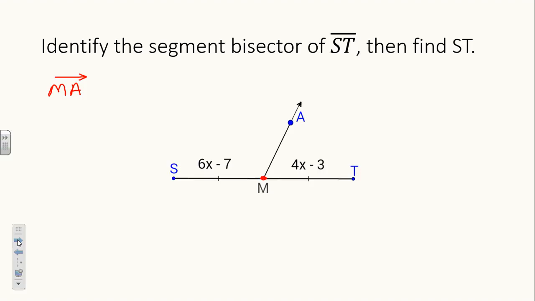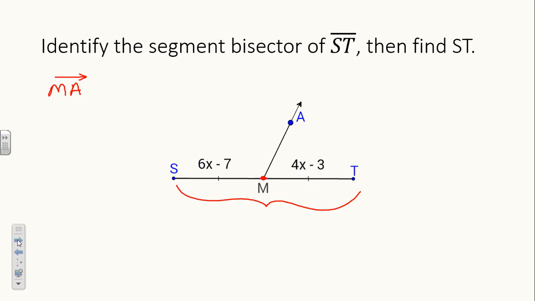Okay. Then we need to find the distance between S and T. How are we going to do that? Okay. If we wanted the whole length, we need to add them, right? So we know that we're going to eventually sum them up to get that distance. Okay? I like where you're going there. The problem is, this is a little more difficult than what we saw the last slide, right?